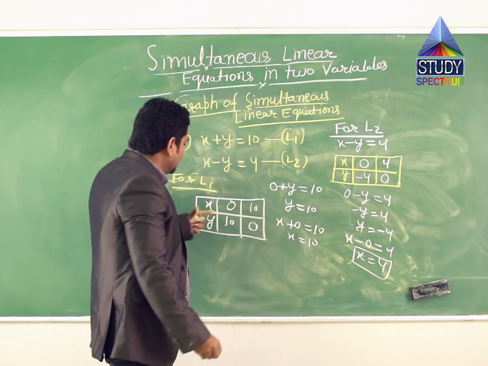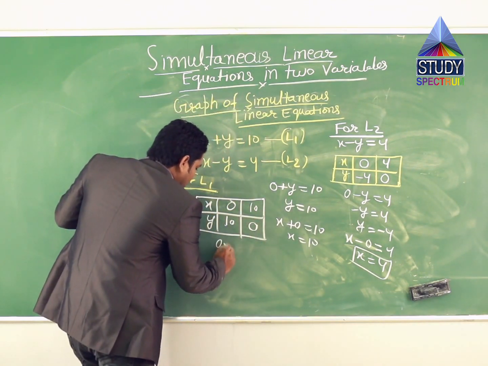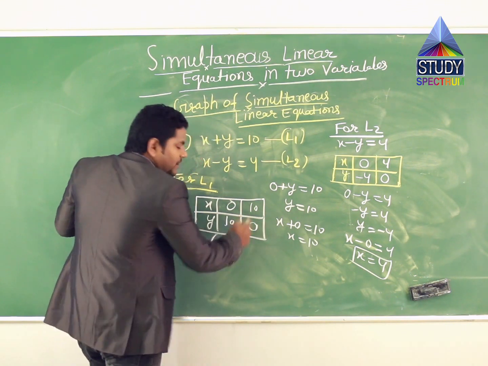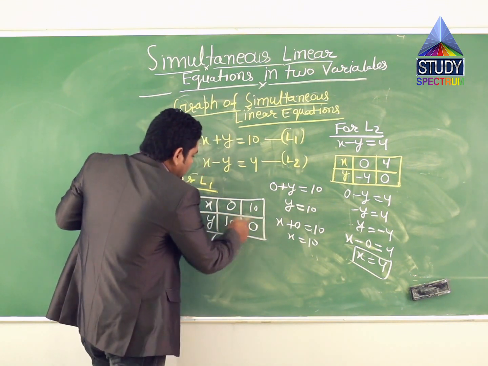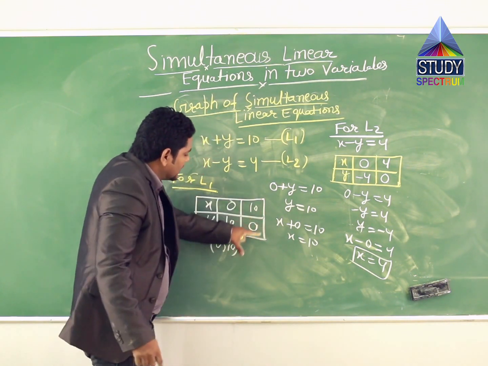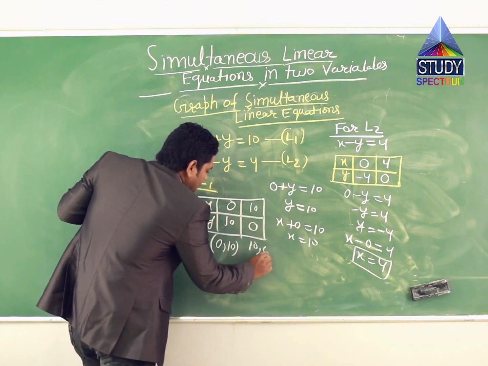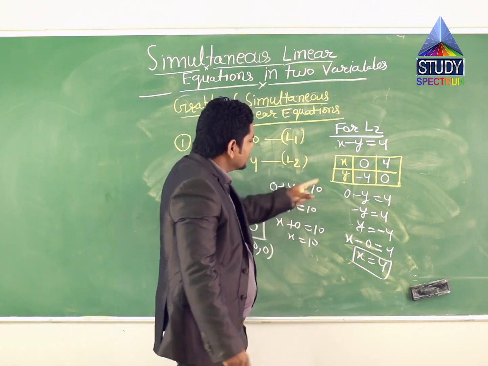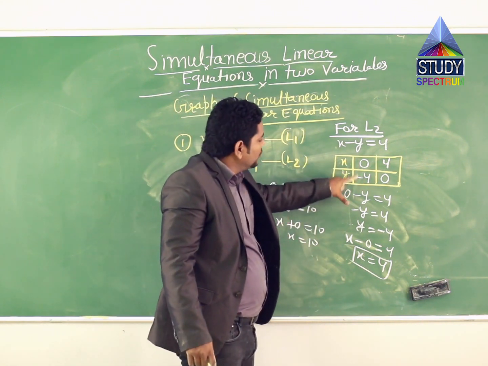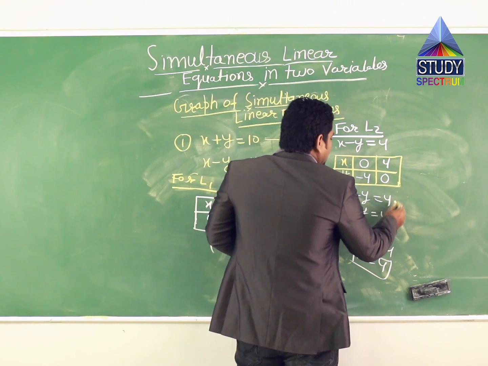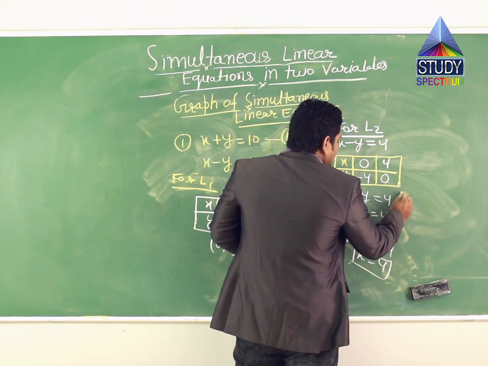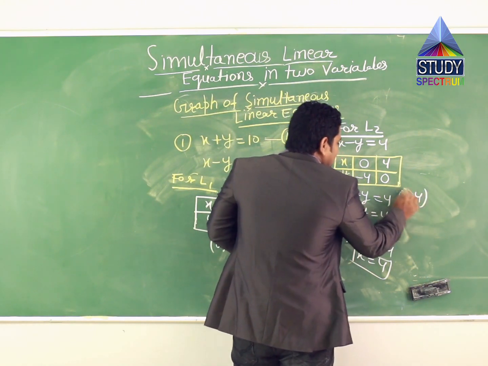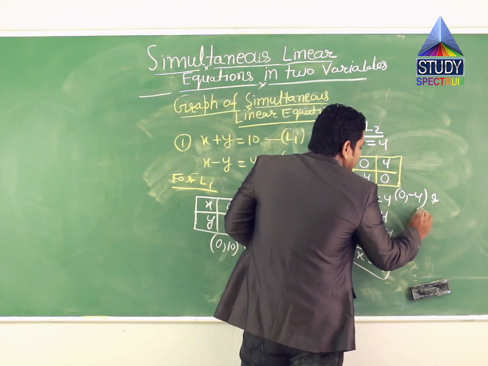Now for L1 we have two points, 0, 10 and 10, 0. Now for the L2 line, there are two points here. The first point is 0, minus 4, and the second point is 4, 0.